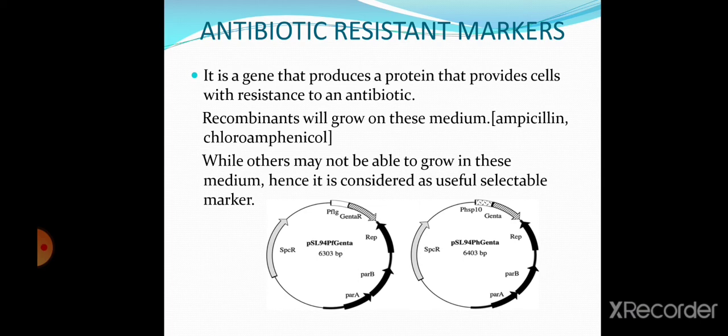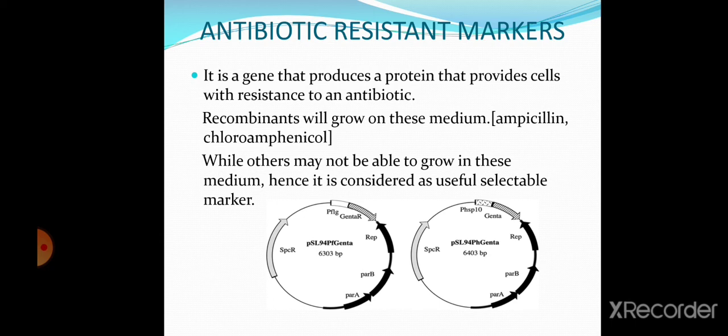Bacteria with transformed DNA can be identified by growing on a medium. Bacteria transformed, that is tDNA, can be identified by growing on a medium with antibiotics like ampicillin, chloramphenicol, tetracycline or kanamycin, etc., while others may not be able to grow in this medium.